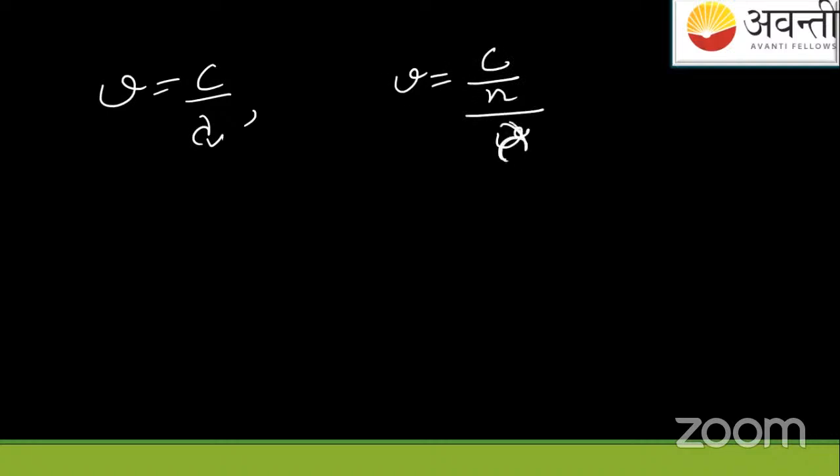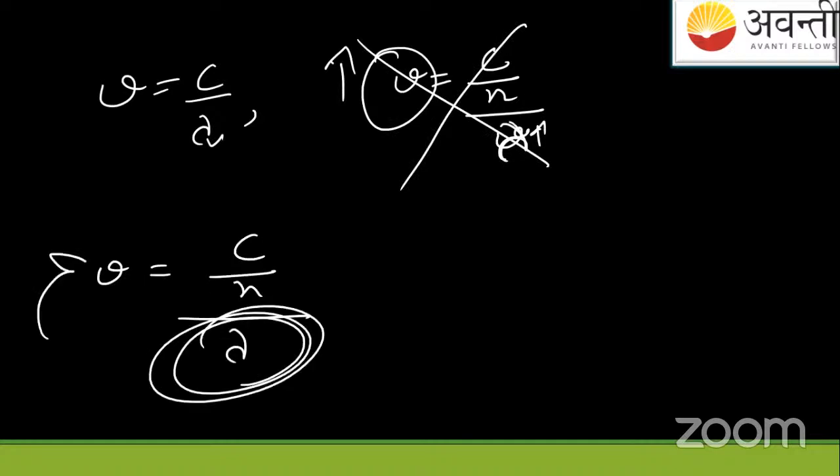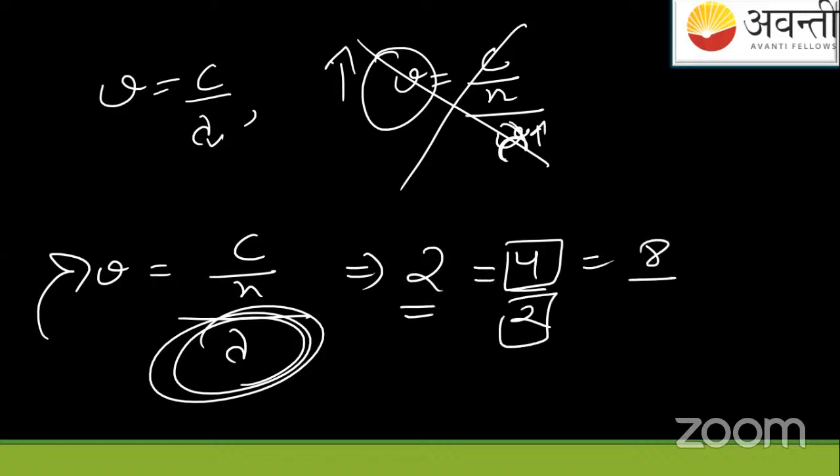According to this, frequency must change and lambda is constant, but this doesn't happen actually. So what is happening? Speed will change, that's fine, but lambda will also change in such a manner that frequency remains constant. Students, as you know, if I want 2, I can divide 4 by 2, numerator and denominator, or I can divide 8 by 4.